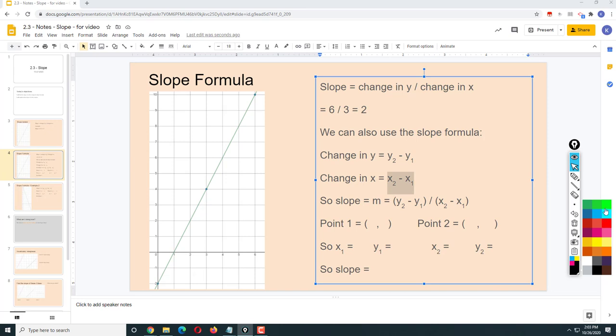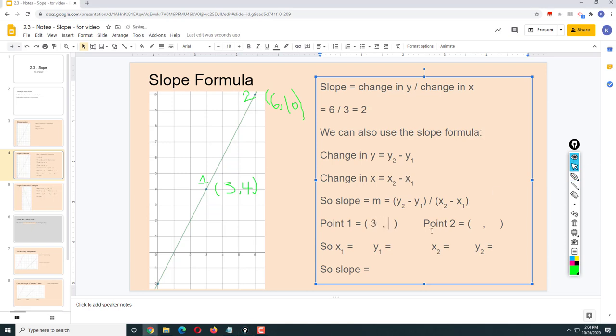For example, let's pick 2 points. Let's say this is point 1, and let's say this is point 2. This point is 3, 4, and this point would be 6, 10. So point 1 would be 3, 4.